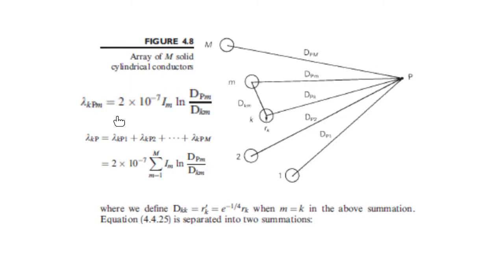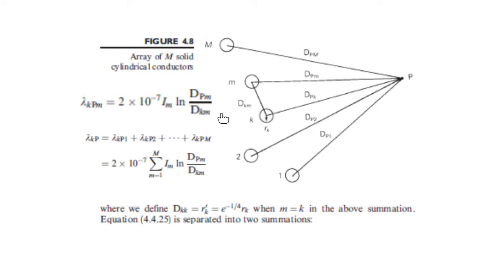Again, now from the flux linkage, we want to find, for example, the flux linkage of conductor K. We want to find delta lambda K, conductor K, at a point P, with the effect of conductor number M. Number M effects on what?